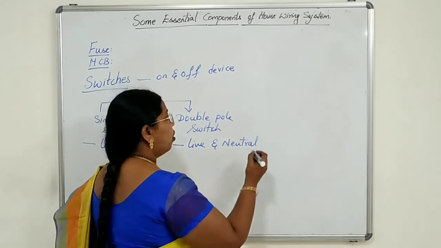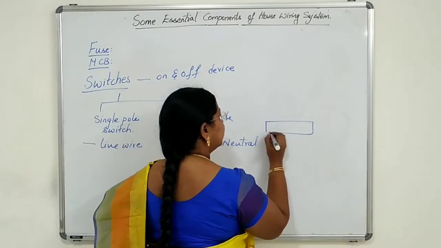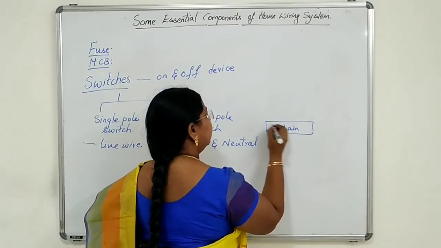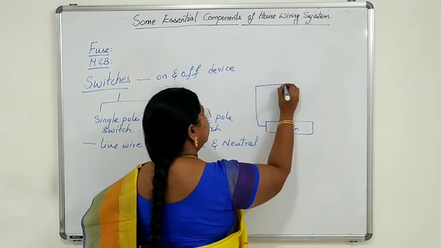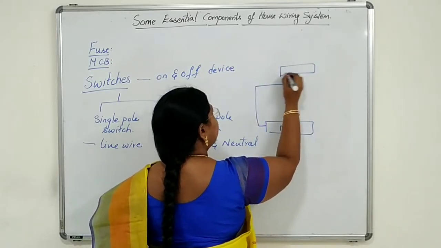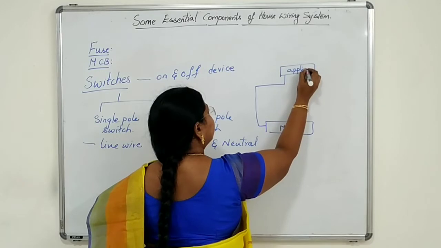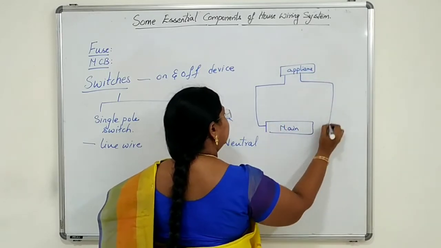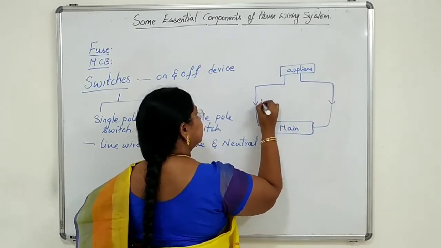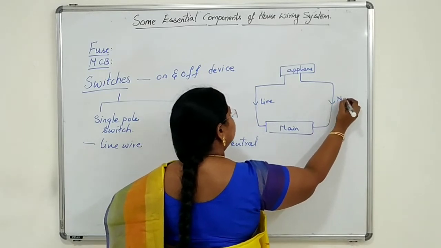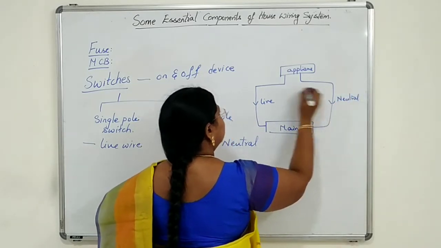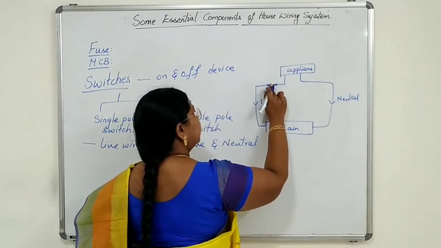So the switches should always be there in the, suppose this is the main, the current entering into the appliance and leaving from the appliance. So this is the live wire, this is the neutral wire. So the switch should be placed here.